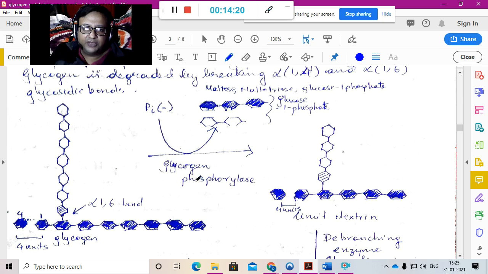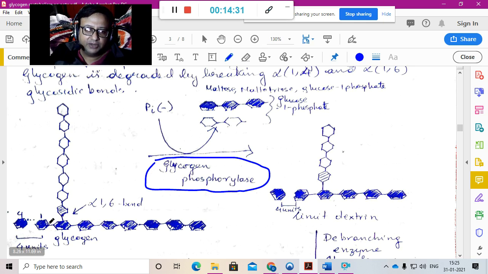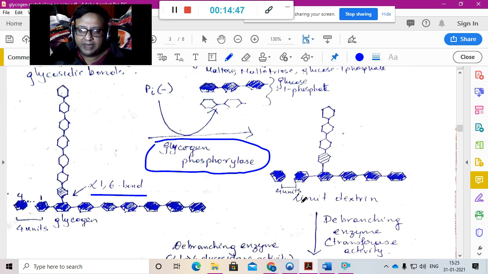The enzyme used is glycogen phosphorylase, and this breaks down the alpha 1,4 bonds. When around 4 glucose units are left from the branch point, where alpha 1,6 bonds are present, this compound is known as limit dextrin.